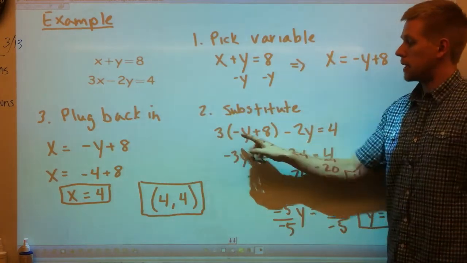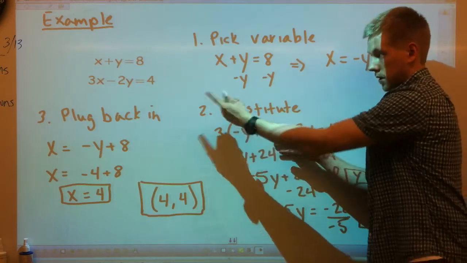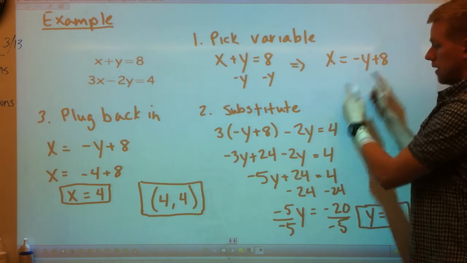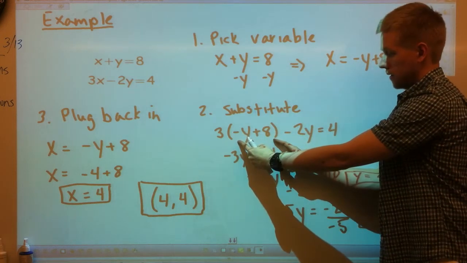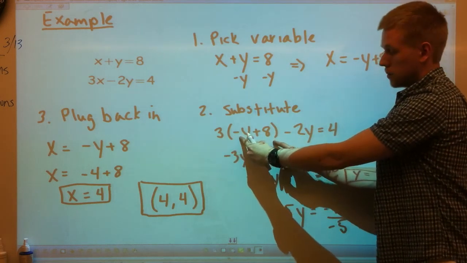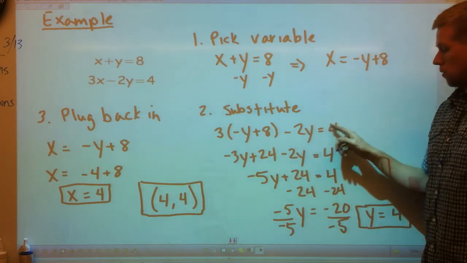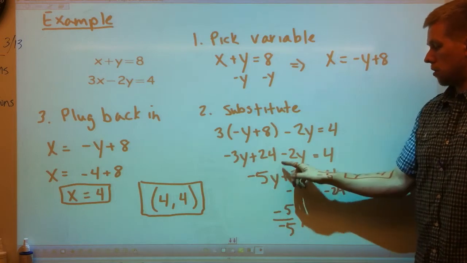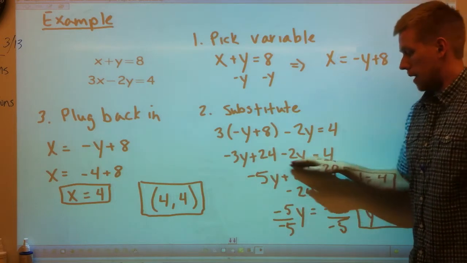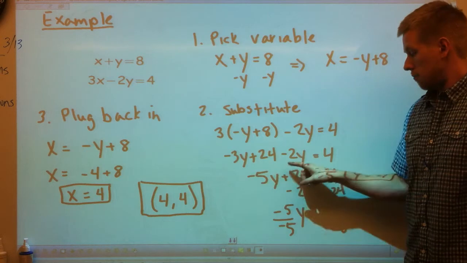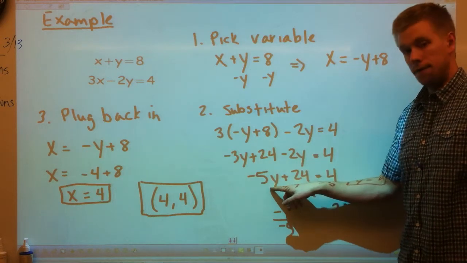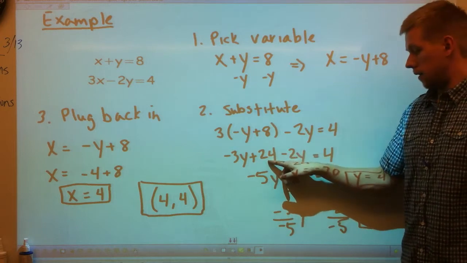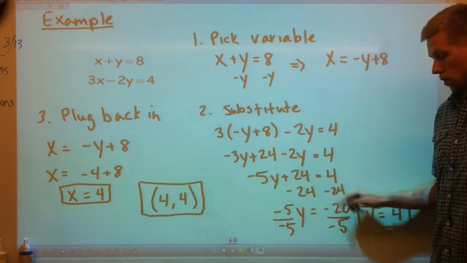So now I have 3 times negative y plus 8 minus 2y equal to 4. You distribute your 3 to get negative 3y plus 24 minus 2y equal to 4. Combine like terms, negative 3y plus negative 2y to get negative 5y plus 24, because there's nothing I can combine there. And it's still all equal to 4.